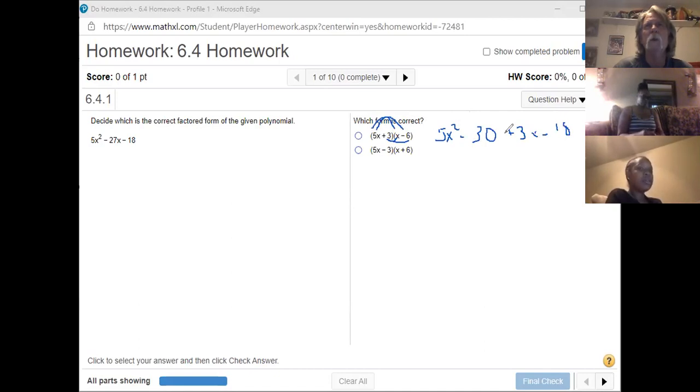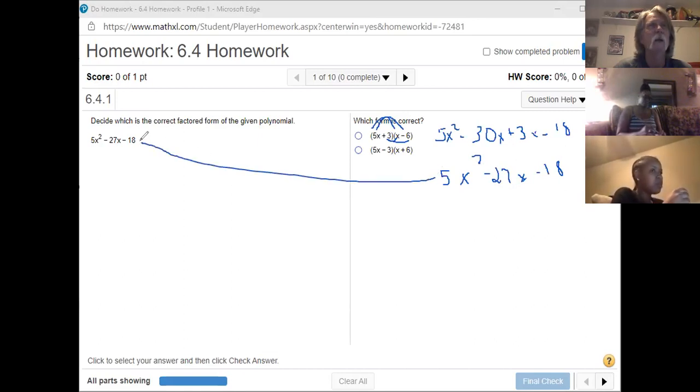Combine stuff in the middle. This is supposed to have an x there. You get 5x squared minus 27x minus 18. And that looks a lot like that. So you're going to click on this.